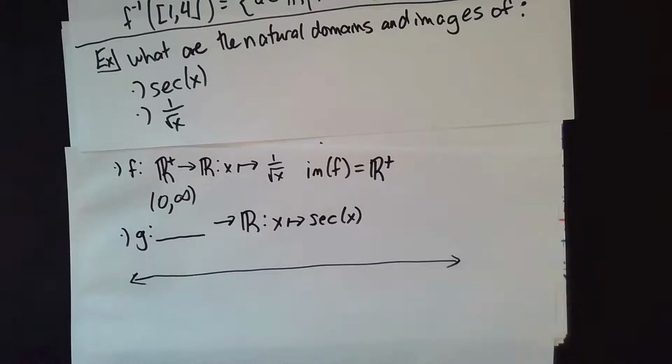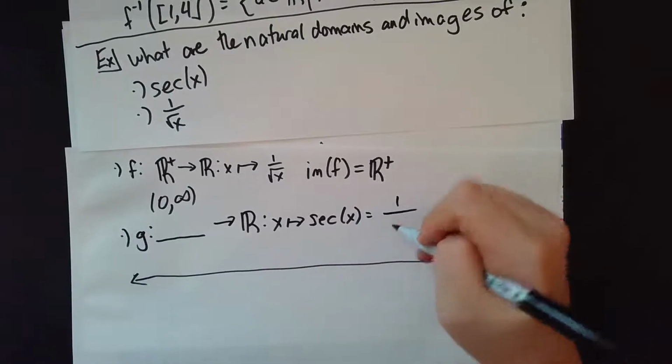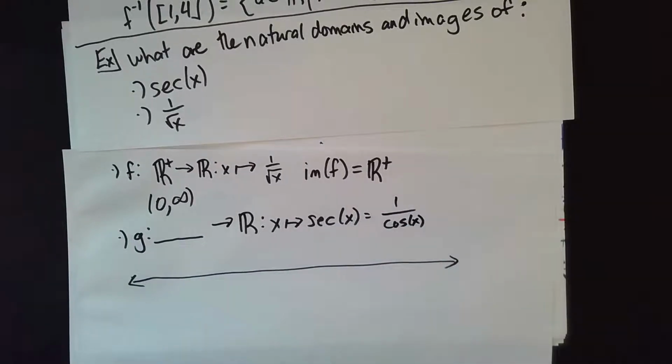Or maybe a better question, what are points where secant is undefined? So, like, can anyone give me a point where secant is undefined? Yeah, so there's pi over 2, right? Because remember, secant is 1 over cosine of x. So everywhere that cosine is 0, secant is undefined.